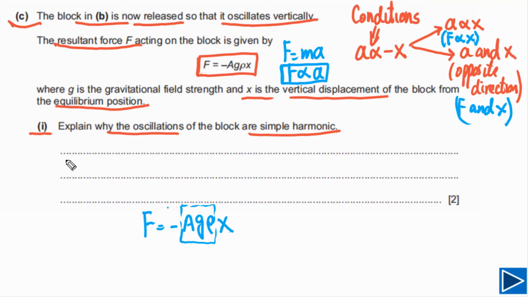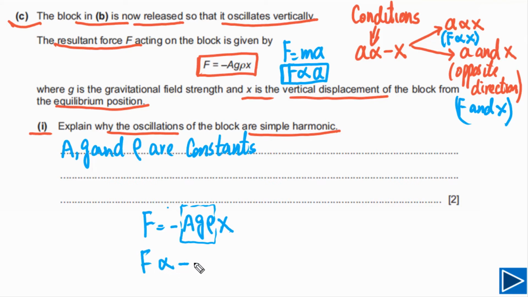As these are constants, we can say F is directly proportional to negative x, and this is a condition for simple harmonic motion. F is directly proportional to x, but F and x are in opposite directions. If you write this down, you will get 1 mark.